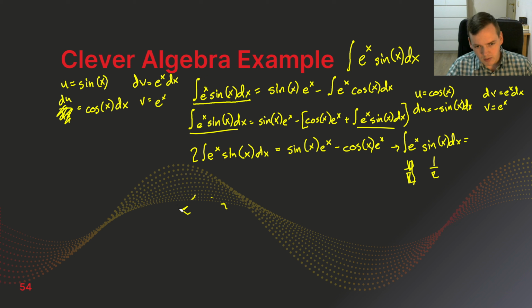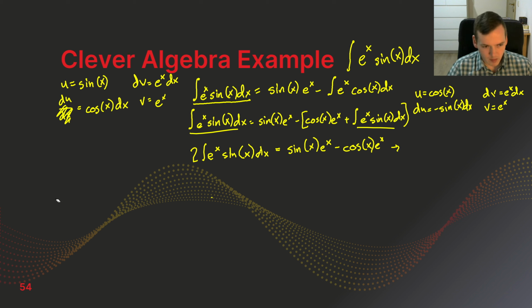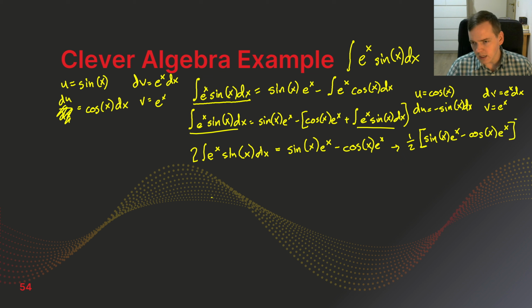Let's clear this off and try it again. So we're going to get 1/2 times sine of x e to the x minus cosine of x e to the x.